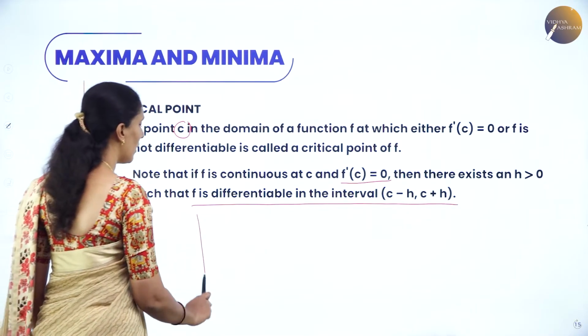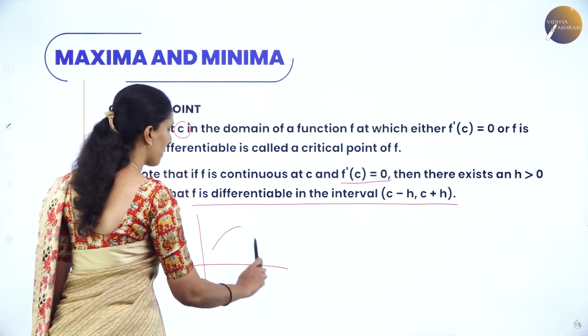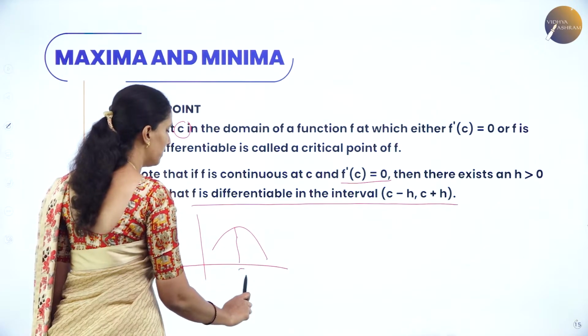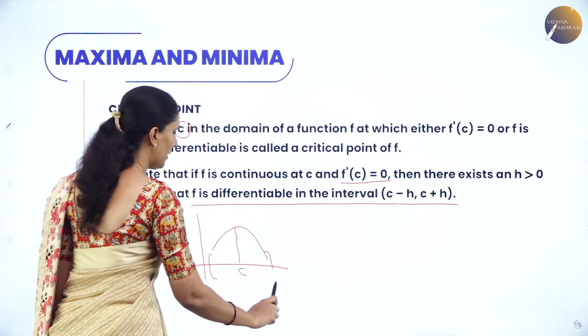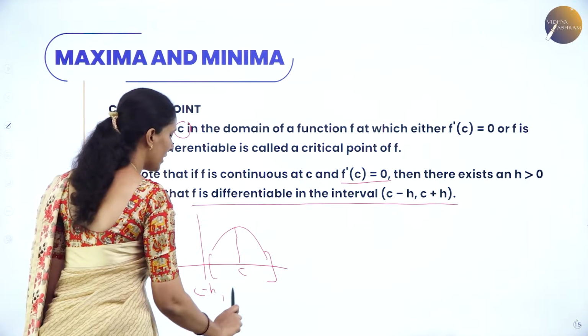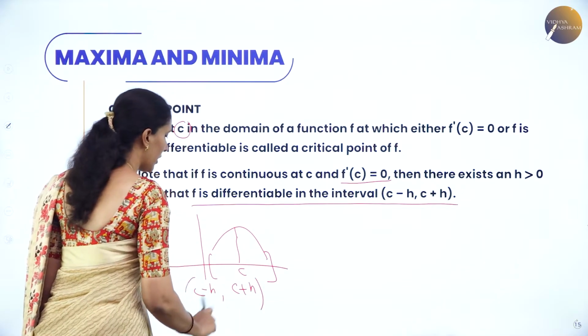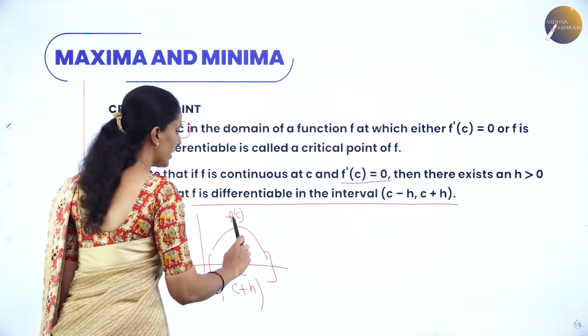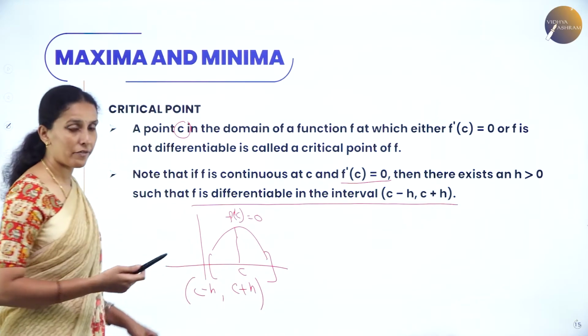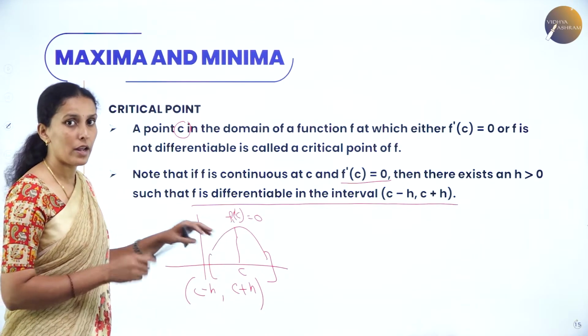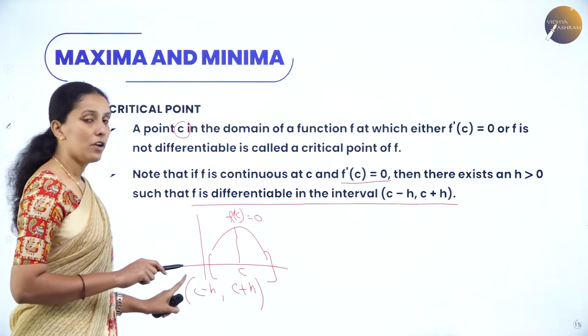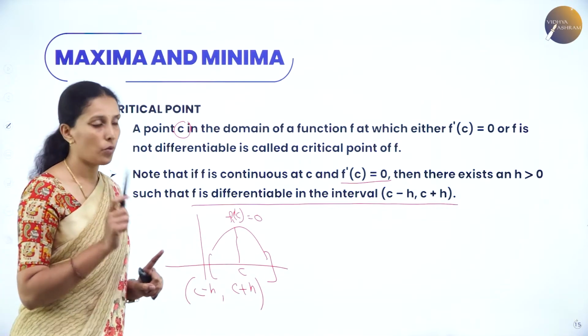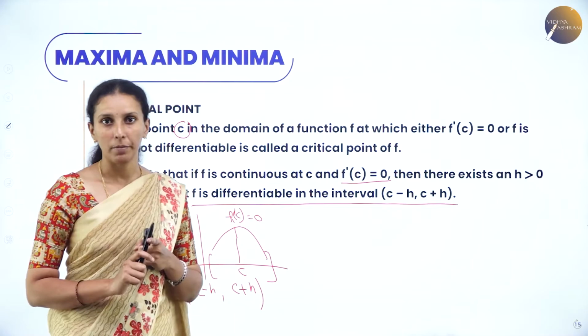So if you take a curve like this, and this is your c, even though f dash of c is equal to 0 here, or f is not differentiable at this point, there exists an interval from c minus h to c plus h where f is differentiable.